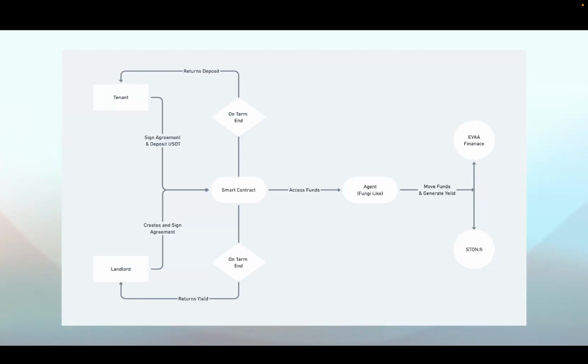And when the agreement ends, the security money goes back to the tenant as well as the rewards of the yield, as well as monthly autonomous payments done by the tenant.